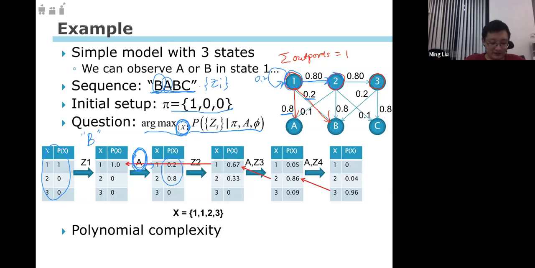And now you have an observation. You observe A, then what will happen?